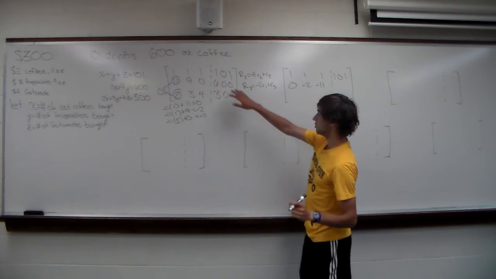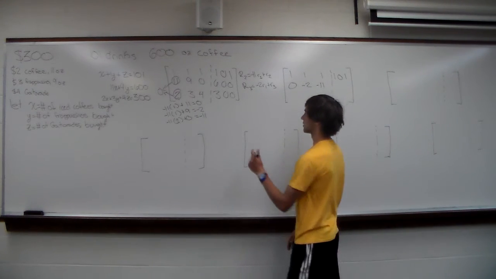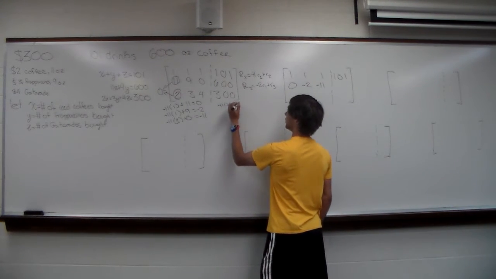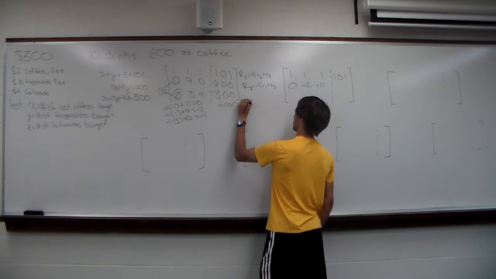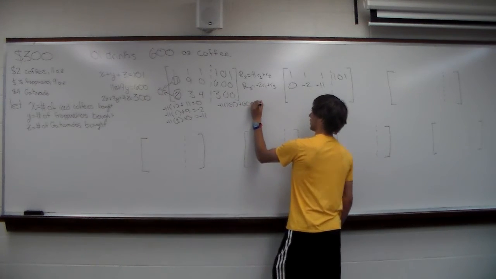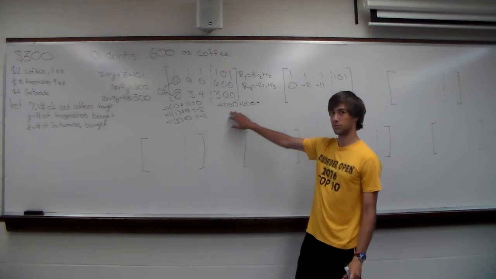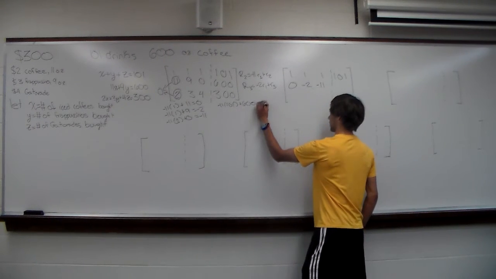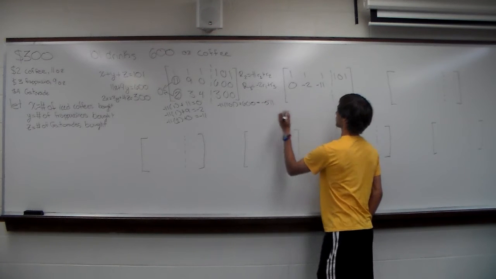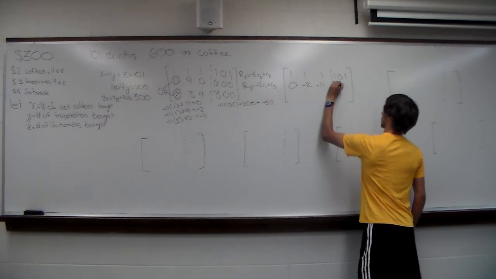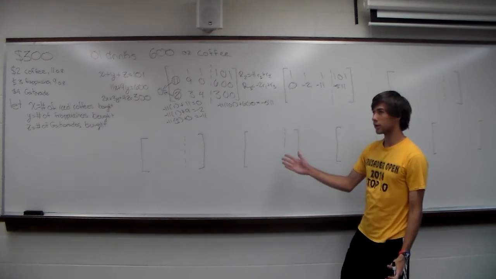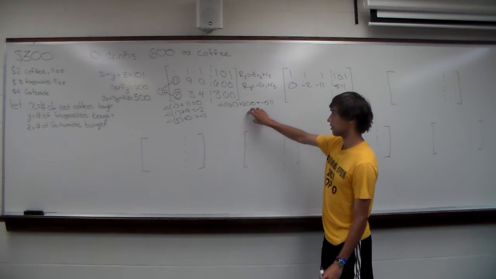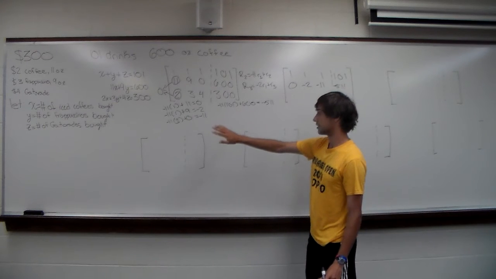And finally, using our right-hand side, we're going to take negative 11 times 101 plus 600, and negative 11 times 101 is negative 1,111 plus 600 is negative 511. And so that's basically what we're going to do for all of our row operations. It's the only one we're going to show like this, but this is what we're doing.